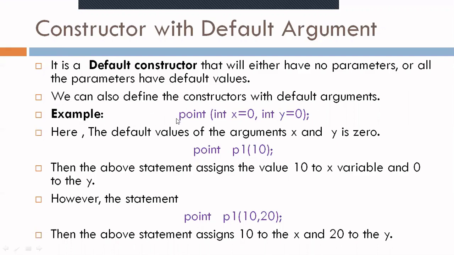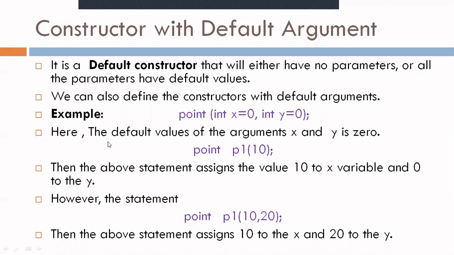So here is the example in which we created a point constructor for class point. In that, two arguments are there, x and y, and both of them have been assigned default values 0, 0.